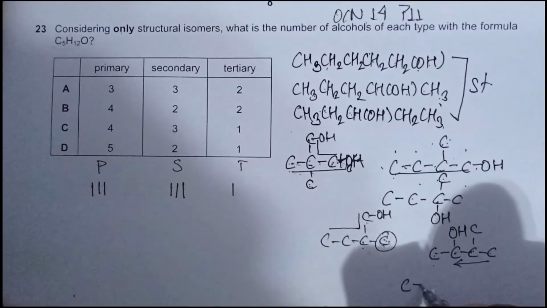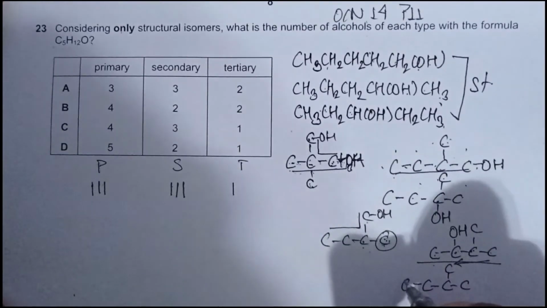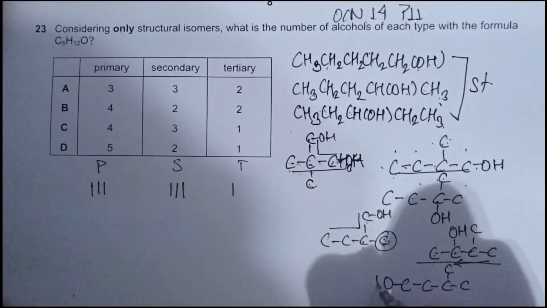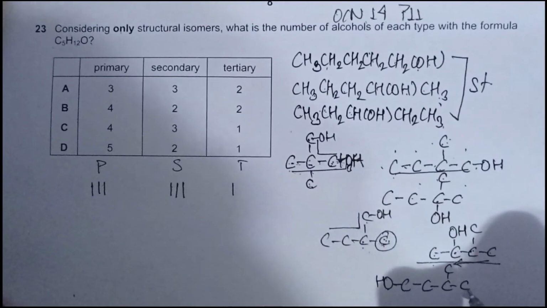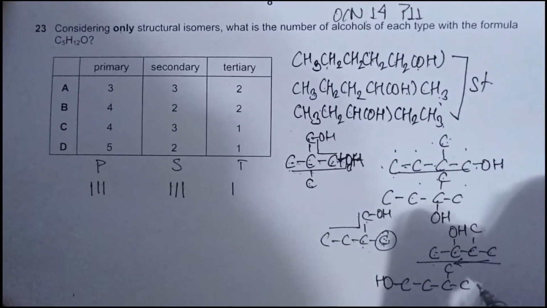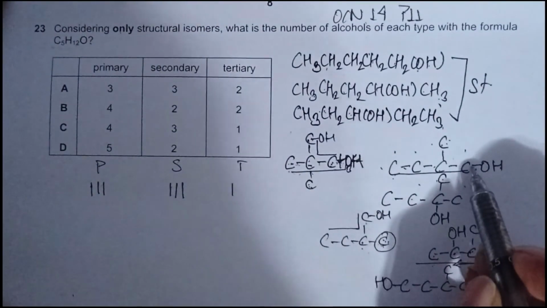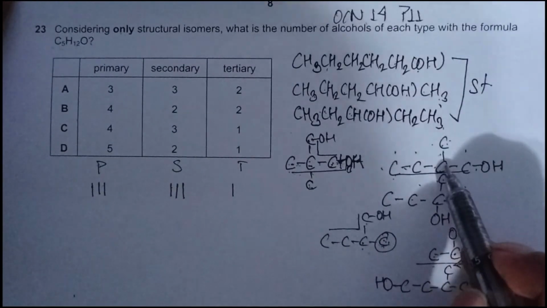We could also have this 1, 2, 3, 4, 5. Sorry, this is quite cramped. We can have alcohol here, and adding alcohol here is not the same as adding alcohol here, because in this position it is 2-methylbutan-1-ol.